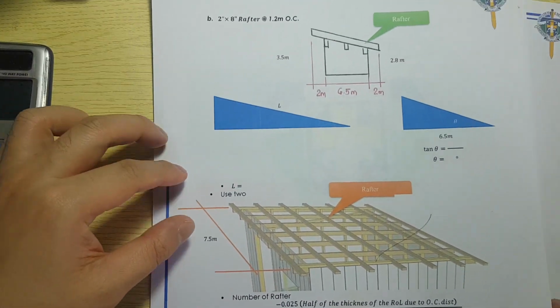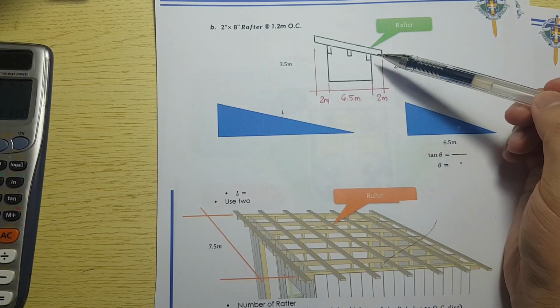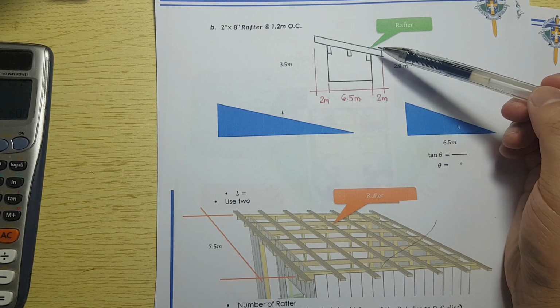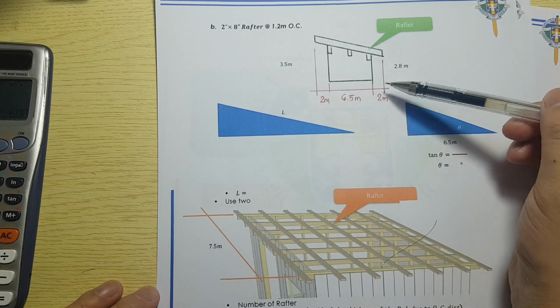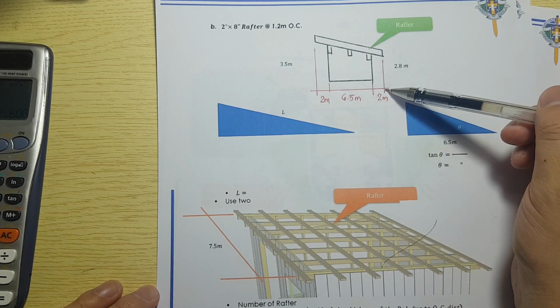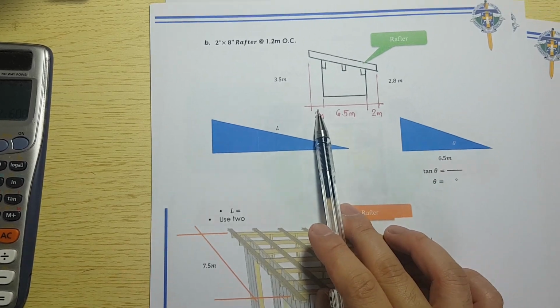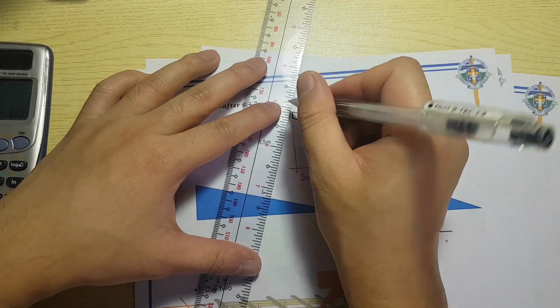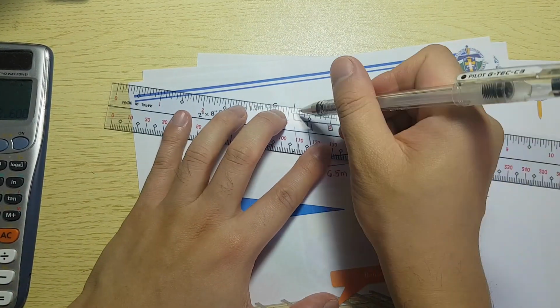So we proceed. How are we going to determine the length? Now, since this is a lean-to type roof, we have here an extended eave, and the horizontal distance of the extended eave is 2 meters. But what we need here would be this distance.